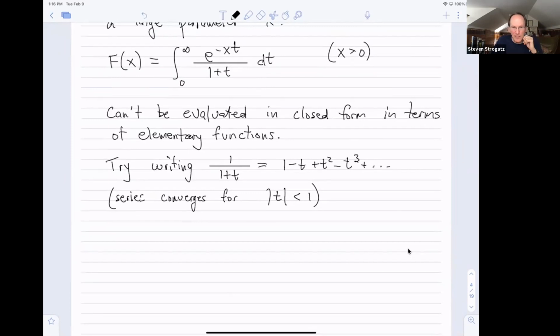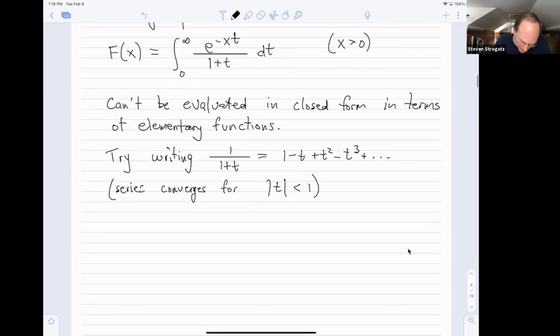As you can see in the integral, we're integrating over the positive part of the real line, from 0 to infinity. So if we replace this expression with the series, you could imagine we'll get into trouble because we're using the series outside its region of convergence. But let's not worry about that for the time being. So what would happen if we pop the series in there?